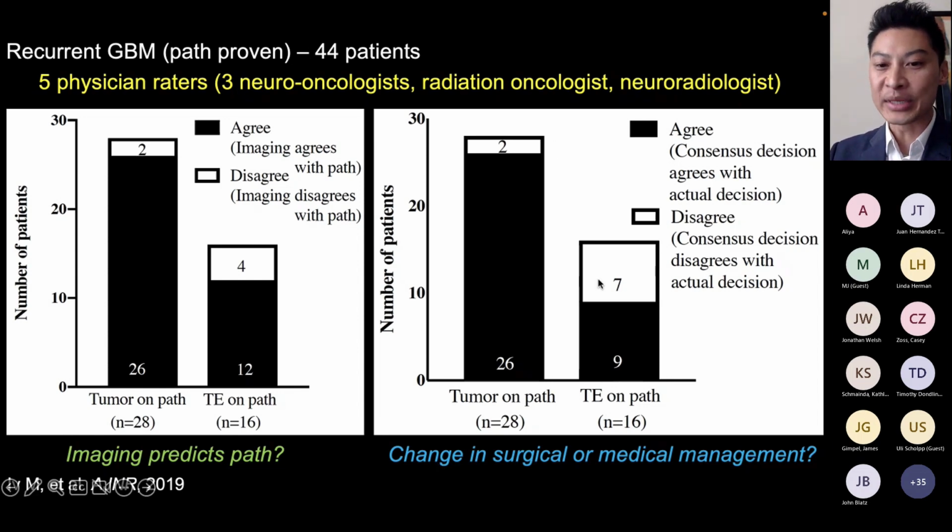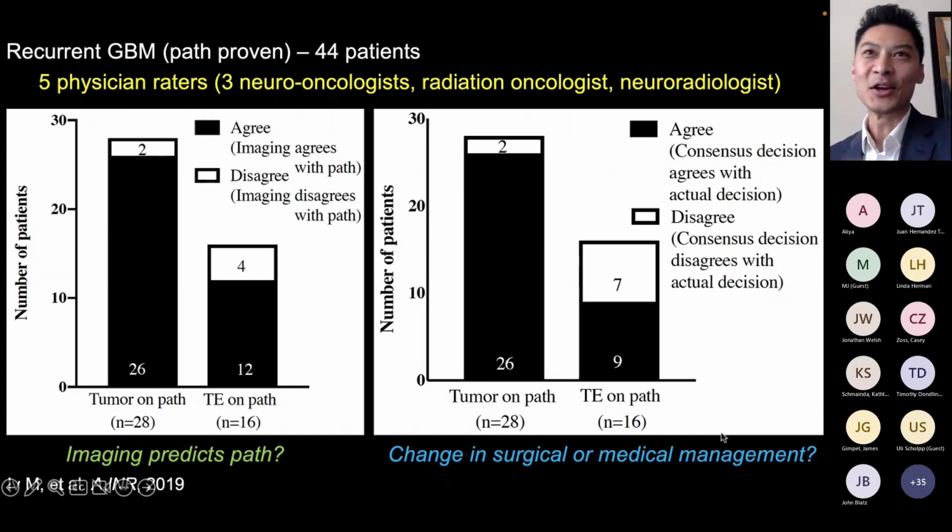As you can see in the group with tumor on pathology, the decision based on the imaging agreed with the decision based on histopathology in the vast majority of cases. Again, a little bit less so with treatment effect.